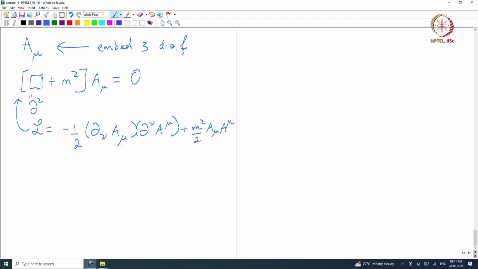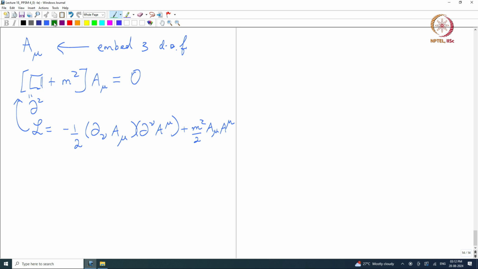Okay. Now although this satisfies Lorentz invariance and although it seems like you got a nice equation of motion, this won't really do for us. Okay, why is that?